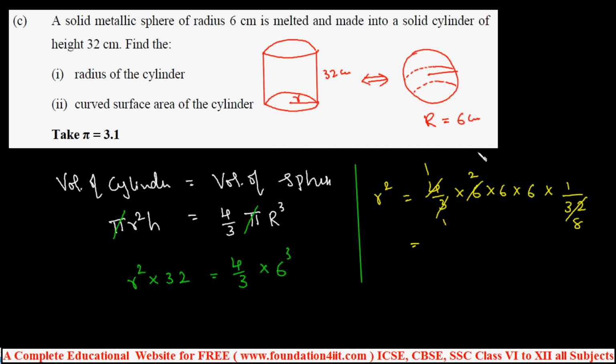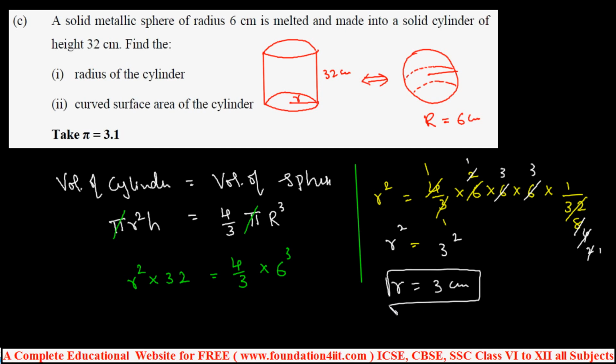More, if you cancel, 2 ones are 2, 4. Again it is 2, 3 is 6. Again 2 ones are 2, 3 is 6. Cancellations you can do in the examination also. It's easy. r square is equal to 3 square. Therefore r is equal to 3 centimeters, because it's a positive value. Radius of the cylinder, we got 3 centimeters.